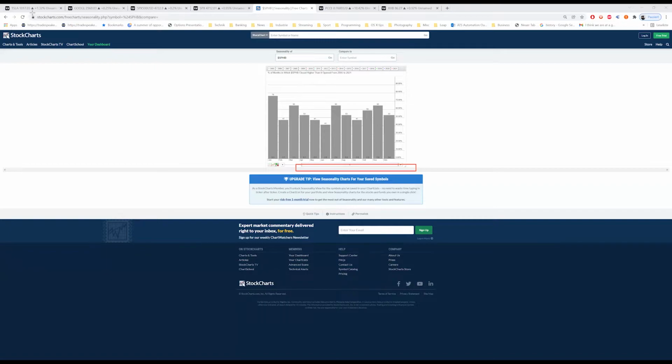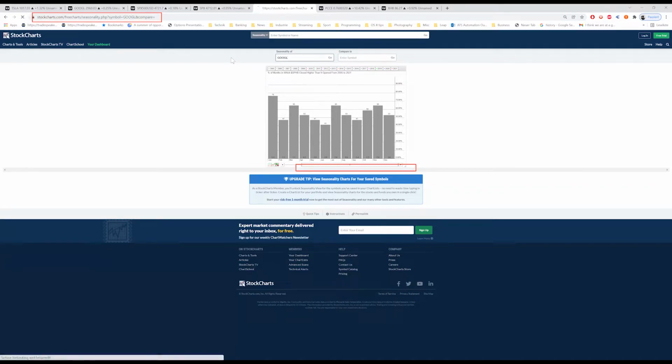And it's just on stockcharts.com, and you just change a chart here to seasonality, but I was already on seasonality, that's why. But up here, when you first come to stockcharts.com, just change it to seasonality. And then all of this information, you can look on anything.